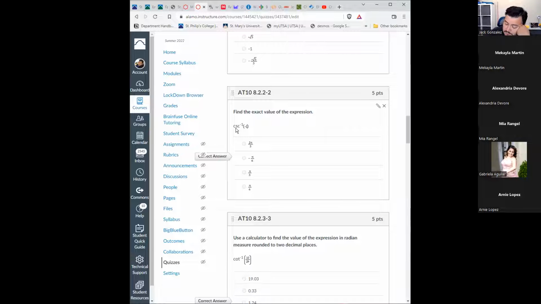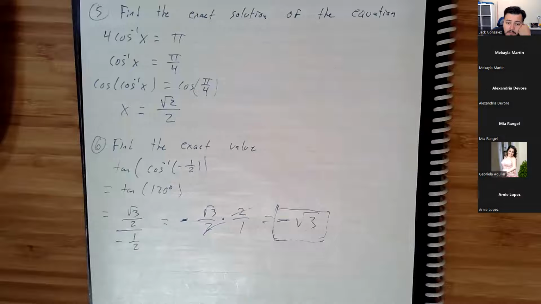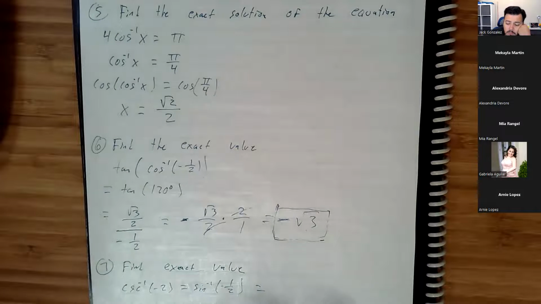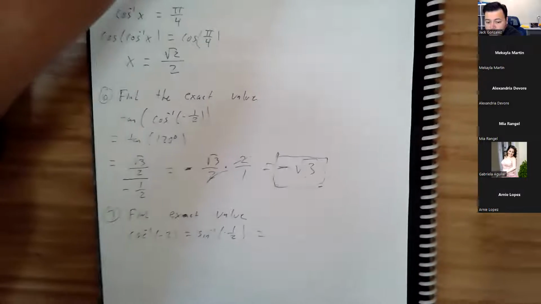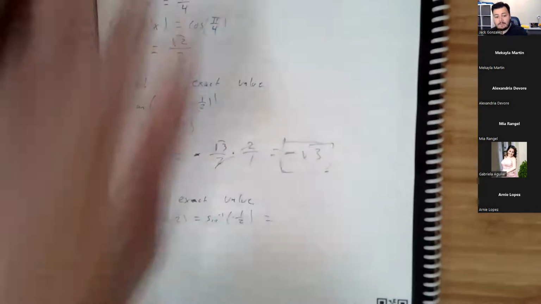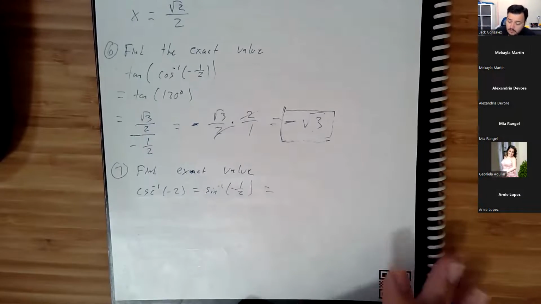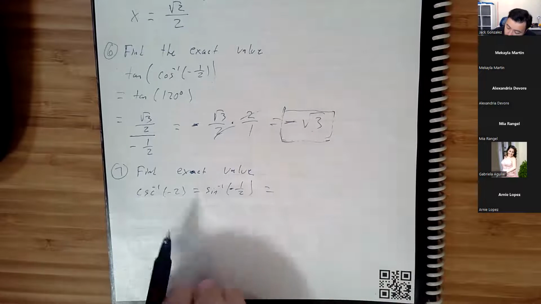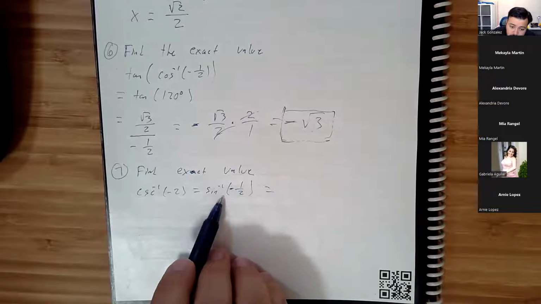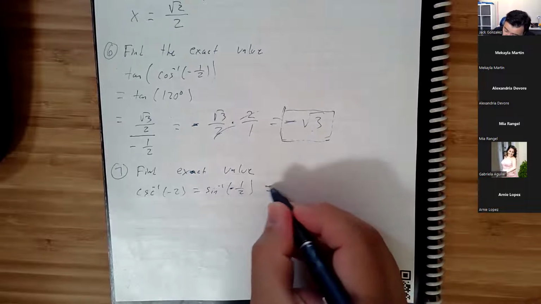-half, sorry. Minus the cosecant -2 equals sine inverse of -1/2. Look at your circle, or actually use your calculator.